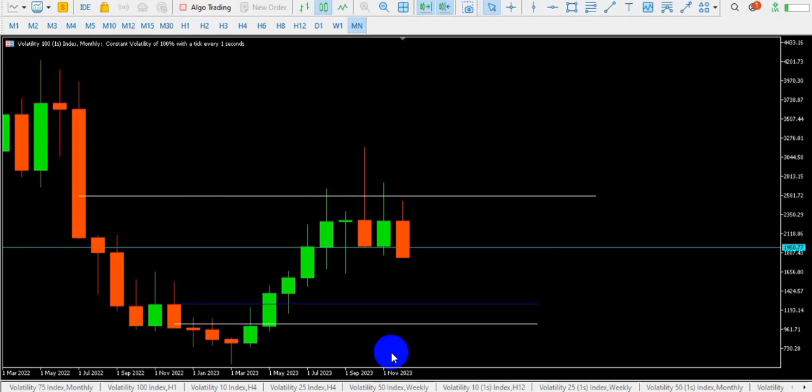But if the algorithm is drawn to a higher time frame discount array like this one, and the discount array we have is a bullish monthly order block at the discount market, then the algorithm's bias will be hunting for bearish setups in all lower time frame order flow, for short positions that you will take around this key level, this premium key level that was respected, down towards this.